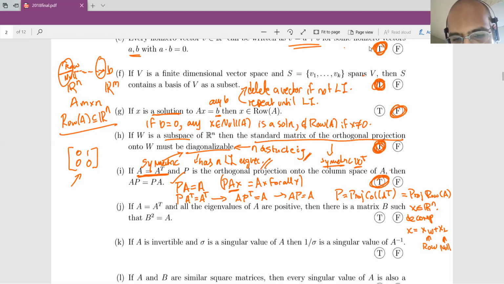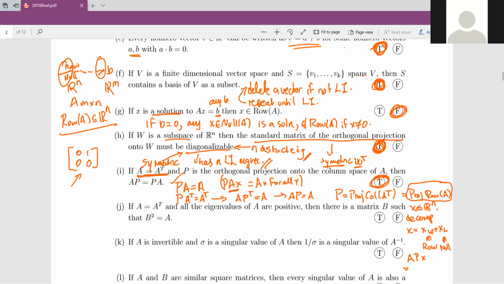So now let's check that AP equals A. What is APX? Well, P is just going to kill the null space part, because of this here, and I use the symmetry to do that. Is that part okay? Yes.